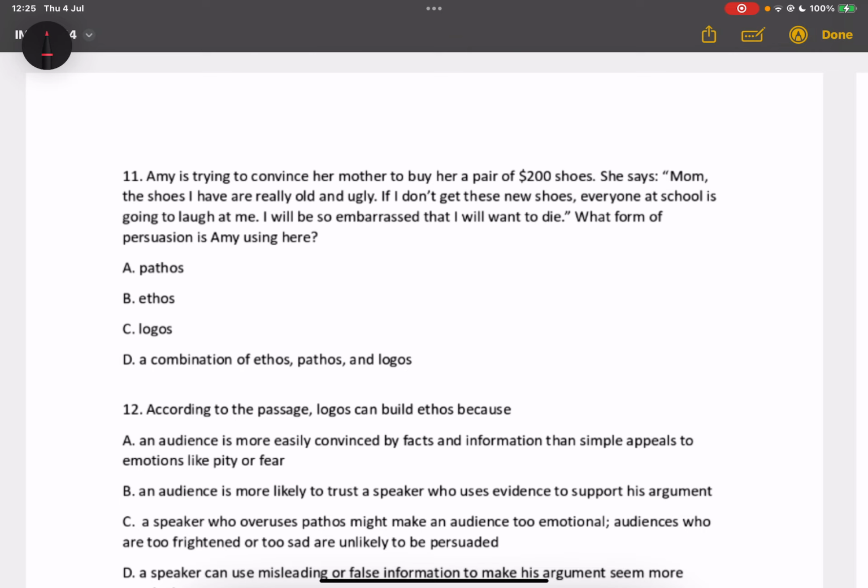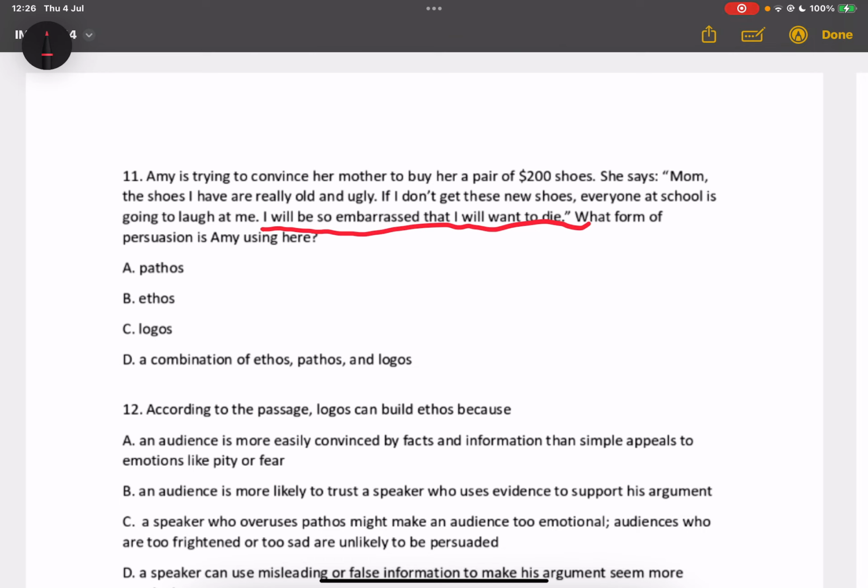So, pathos. We can firstly try to find where the pathos is. It's like pathos is her empathy. So, I'll be so embarrassed that I will want to die, could be pathos. Ethos could be like her saying that the shoes are really old and ugly, but that's not really giving her credibility.